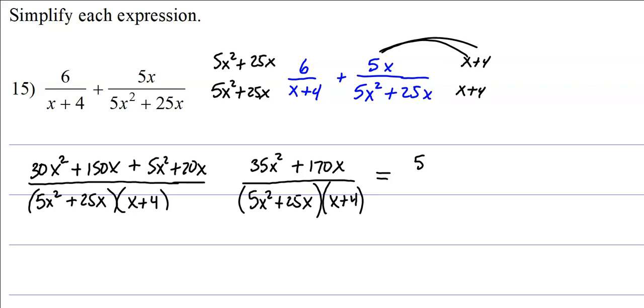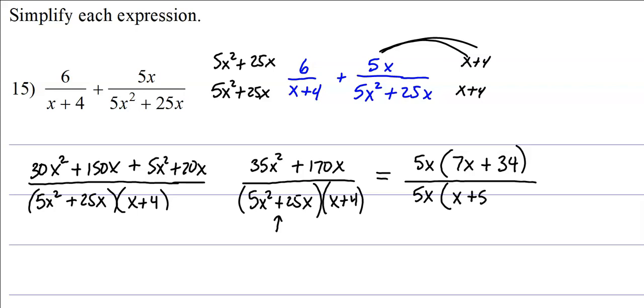If I pull out a 5x, that gives me 7x plus, what's that, 34. Then on the bottom, I think I could pull a 5x out of here, and that's going to be x plus 5, and then x plus 4. And then I do see I can get rid of the 5x's, so cancel those out. At this point, I really don't see if I can go any further.